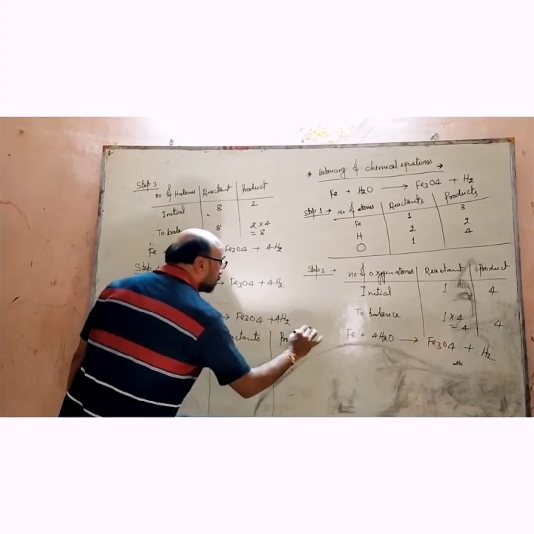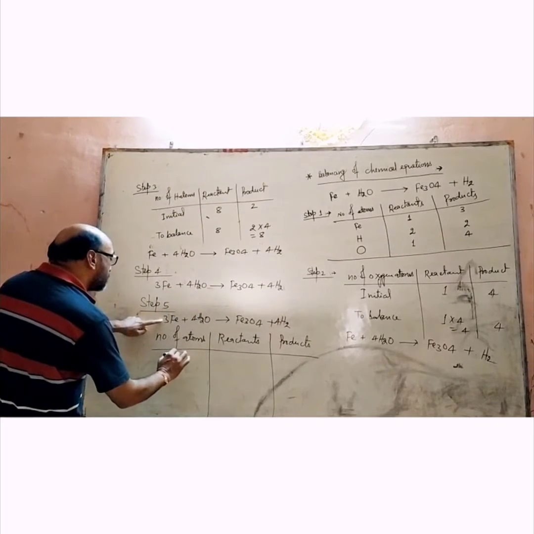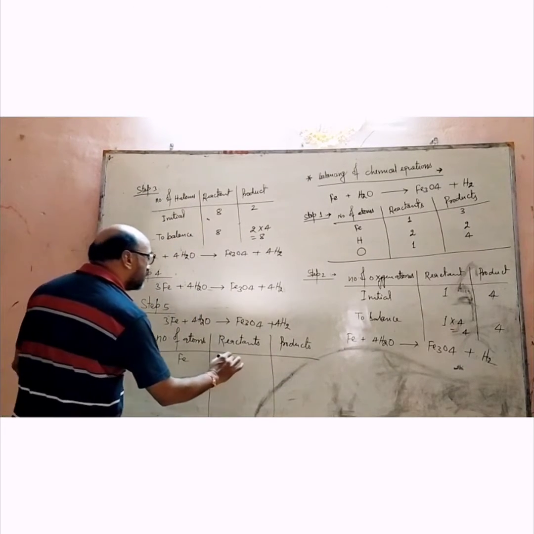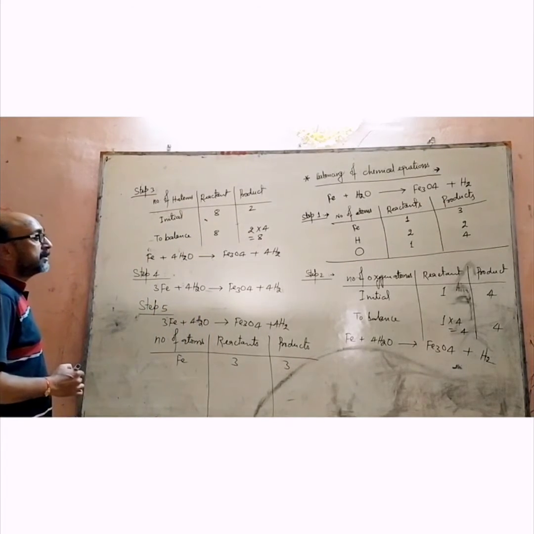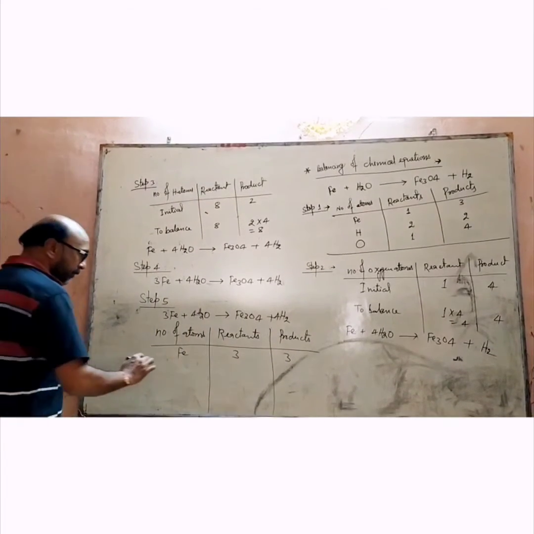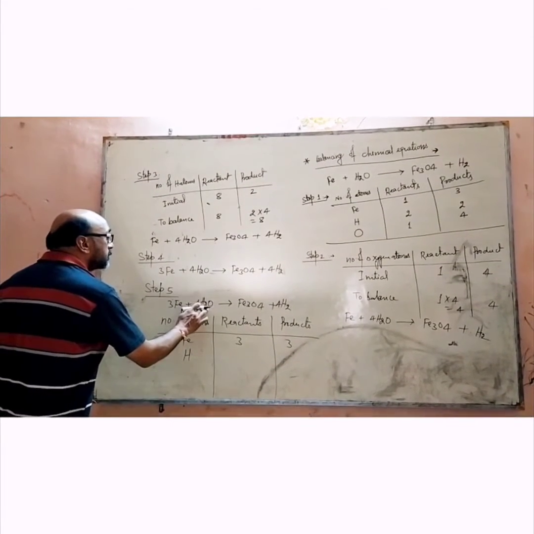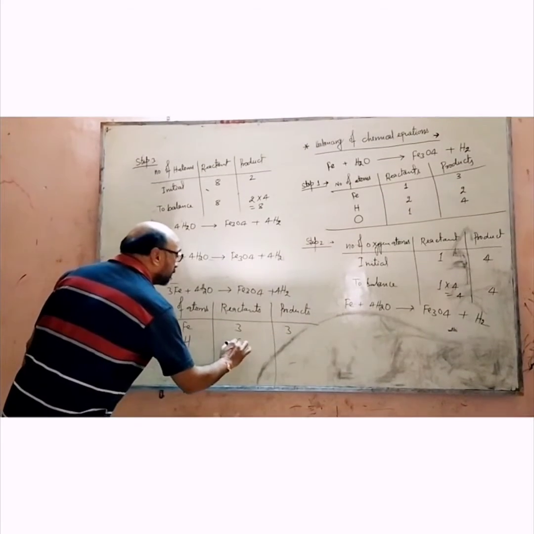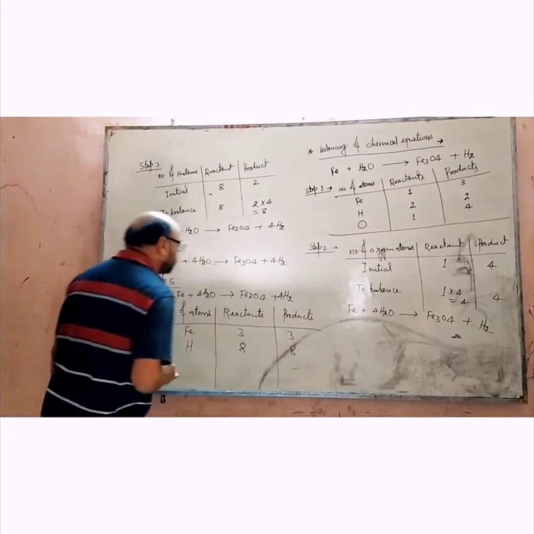The number of iron atoms in the reactant is 3, and it is 3 in the product also. The number of hydrogen atoms is 4 into 2, that is 8, in the reactant and 4 into 2, that is 8, in the product.